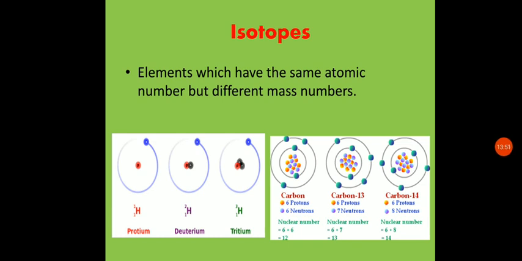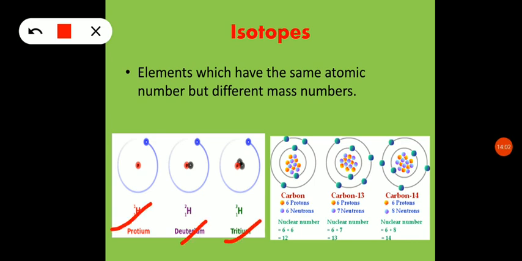Take for example hydrogen. Hydrogen exists in 3 different forms, that is protium, deuterium and tritium.